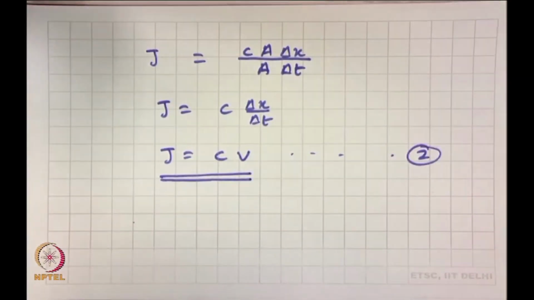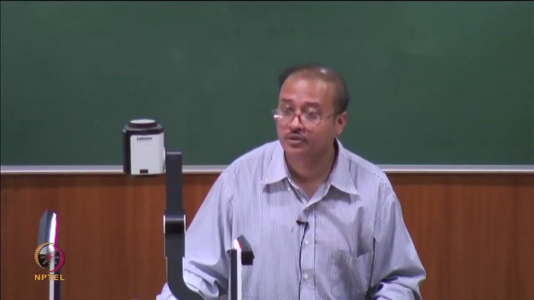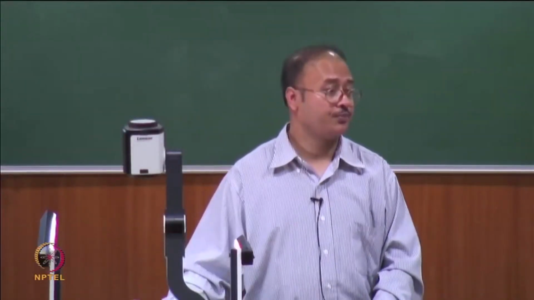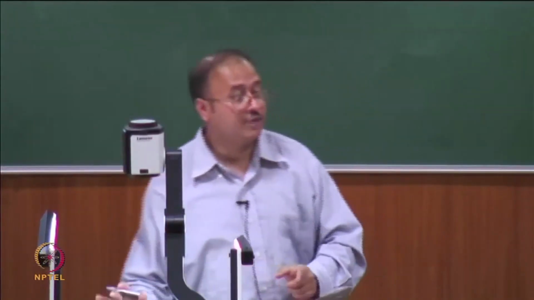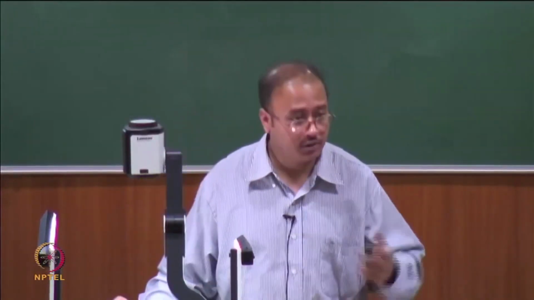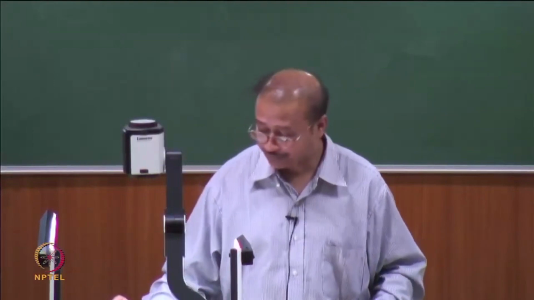So, then you have a very direct idea of flux. What is flux proportional to? Your concentration, and along with that the velocity of flow. So, that is your flux. Now, you keep this equation in mind, we will come back to it pretty often as we discuss.